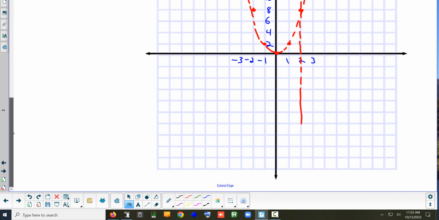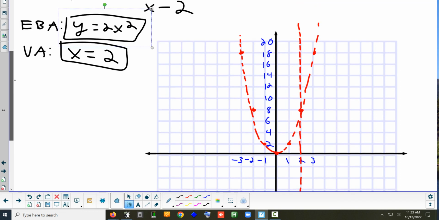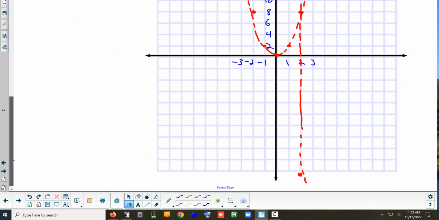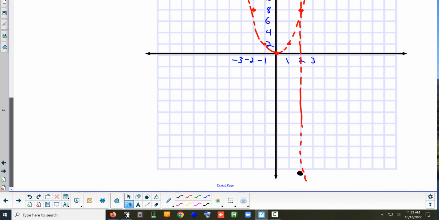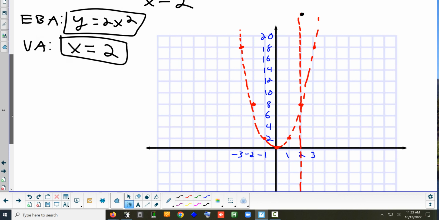So just before 2, I'm way down there. A value just after 2? 2.001. We're at 3,000. So just after 2, we are way up there. Okay, I'll do these in black. Black are going to be actual points on my graph.